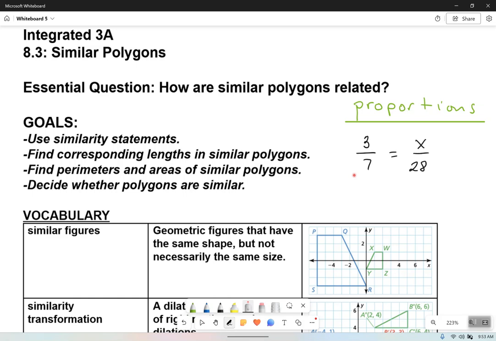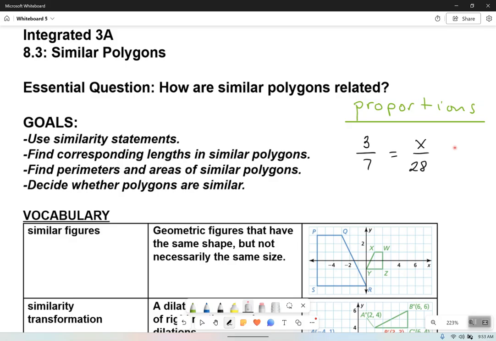Now, kids, other people think of it this way. What would you have to multiply 7 by to get to 28? Okay, if I multiplied the bottom by 4 to get to 28, what would you have to multiply the top by to get over to x? Well, what is 3 times 4? You would get 12 here, wouldn't you?